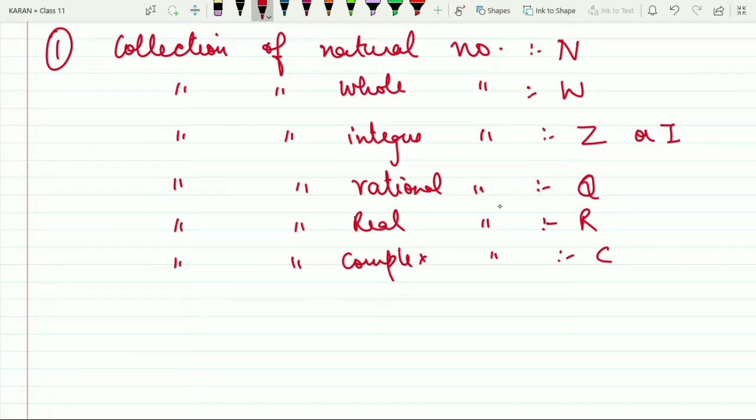When I have to write the set of natural numbers, that is capital N, it will start with curly braces, and then you write the elements 1, 2, 3, and it goes on and on, because natural numbers never end. Similarly, you can write all the sets. So that is all about the definition of a set.